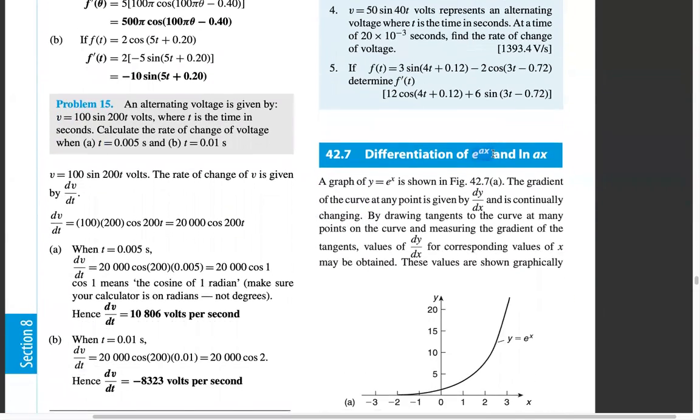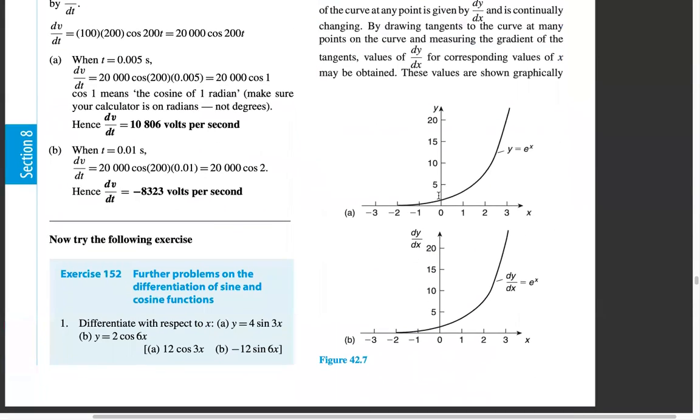Then you have the exponential function and the natural logarithm function. This is the exponential function here. E to the x is a very peculiar function because the gradient at a point is the actual y value. And that's a very, very useful function in advanced mathematics, right? We call it the most important transcendental function in mathematics, e to the x, the natural exponential function.